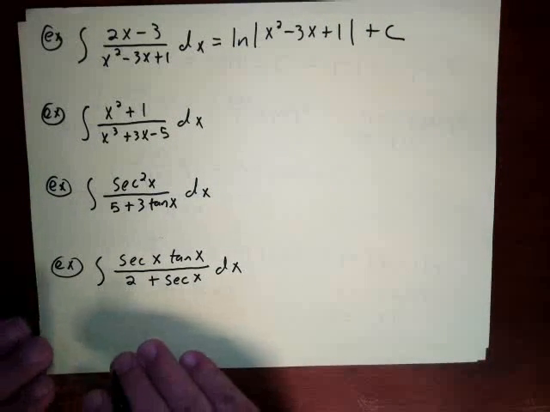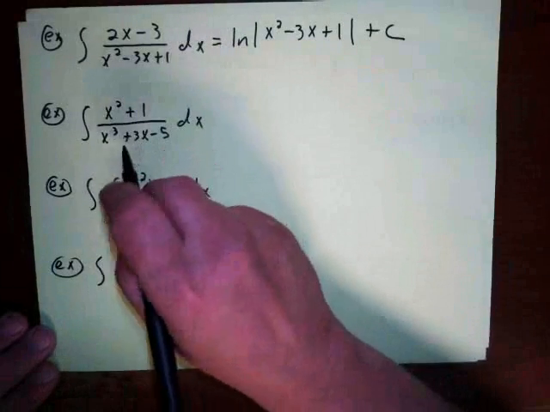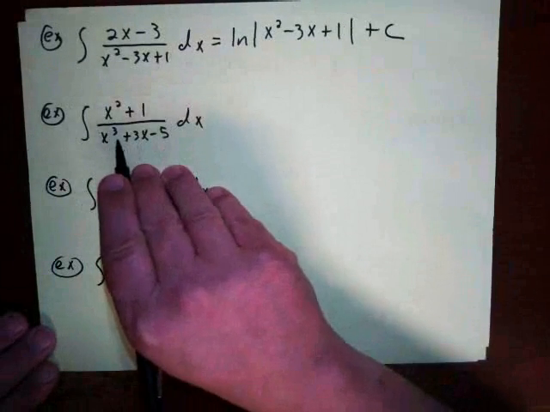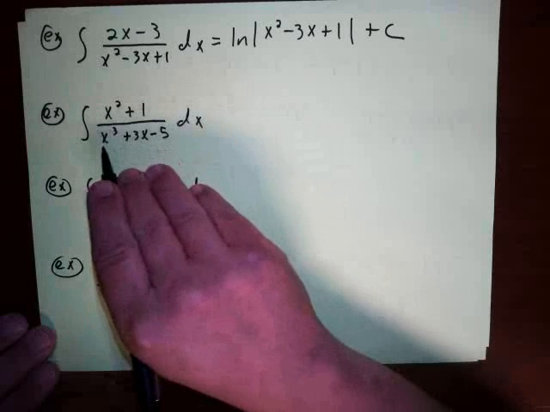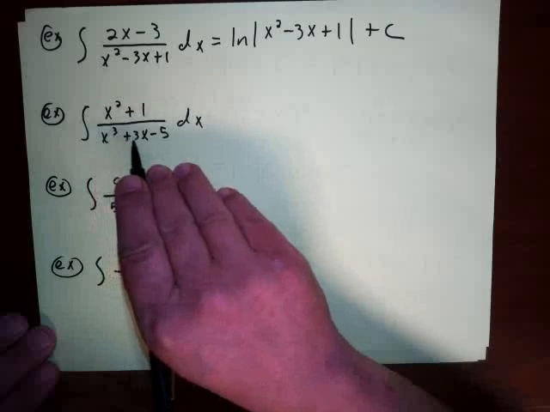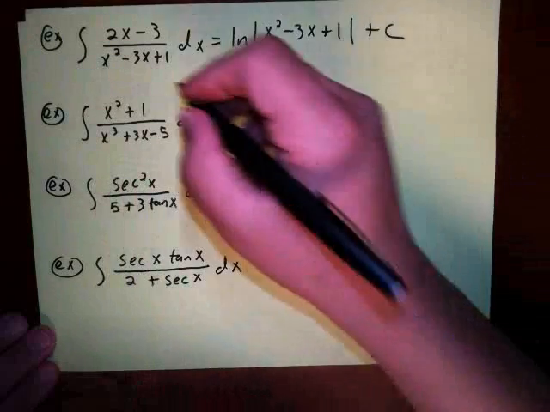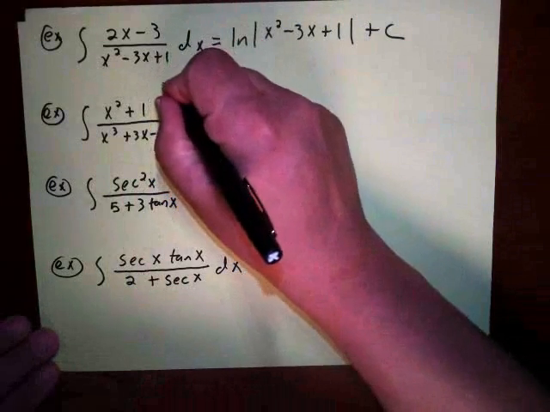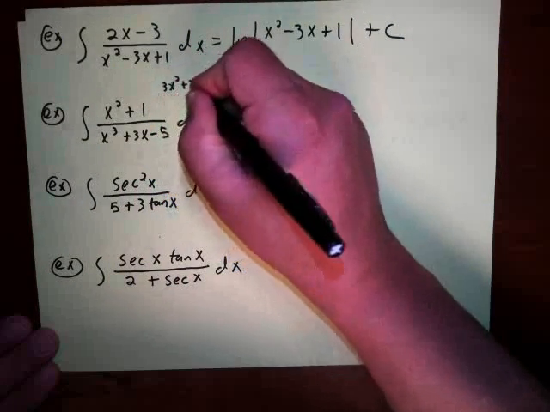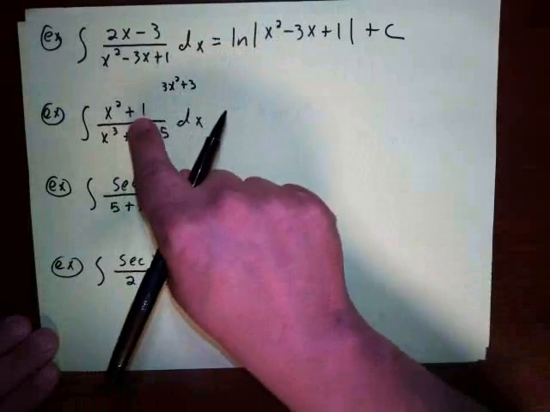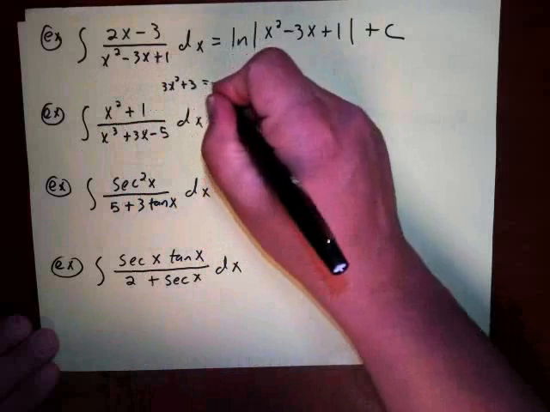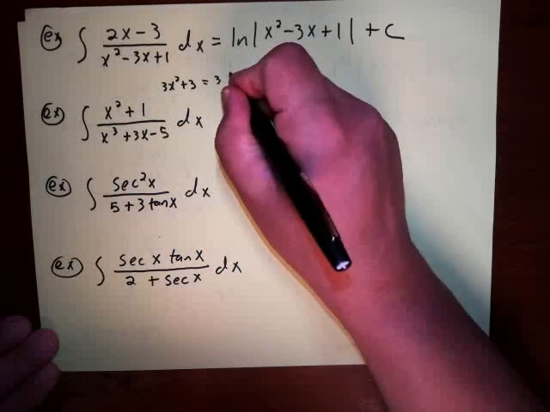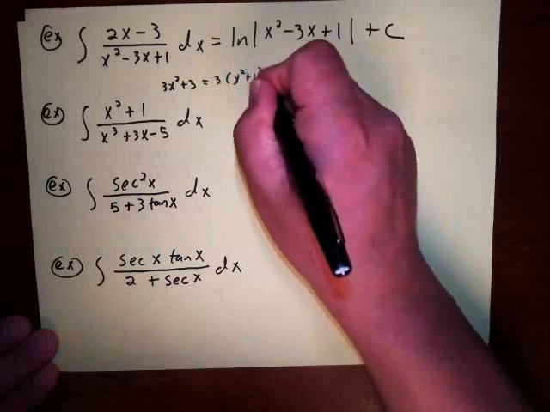Isn't that nice? Okay, well look at this. This derivative here, if I take the derivative of the bottom, I get 3x squared plus 3. Now, let me write that up here. 3x squared plus 3. Well, what do you notice here? That this isn't the derivative, but if I factor out that 3, I get the x squared plus 1.